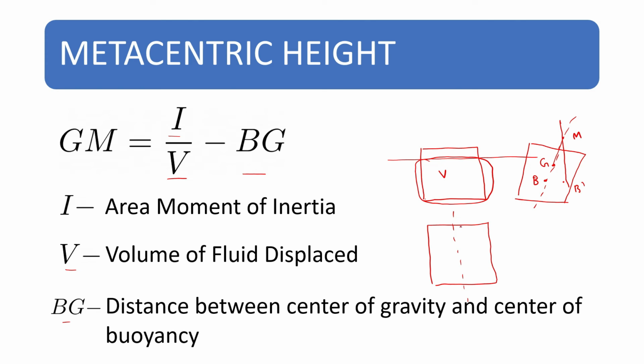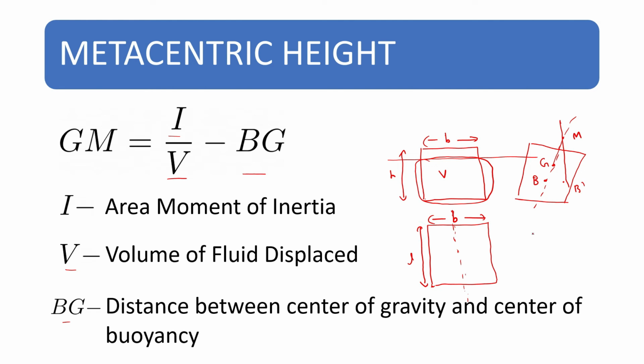And I is the area moment of inertia about this axis when you view from the top. So here this height may be h and the width is b. And in the top view, you can see that this may be L, the length of this body.